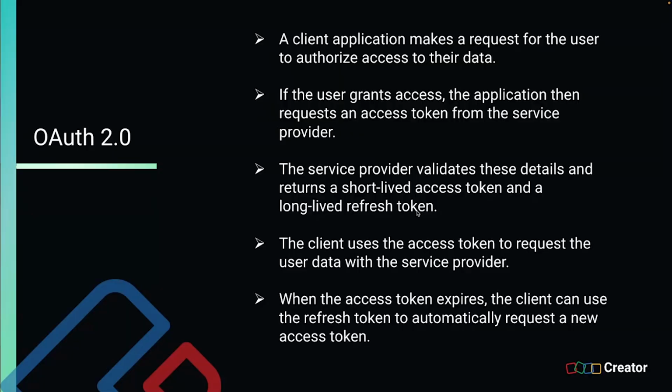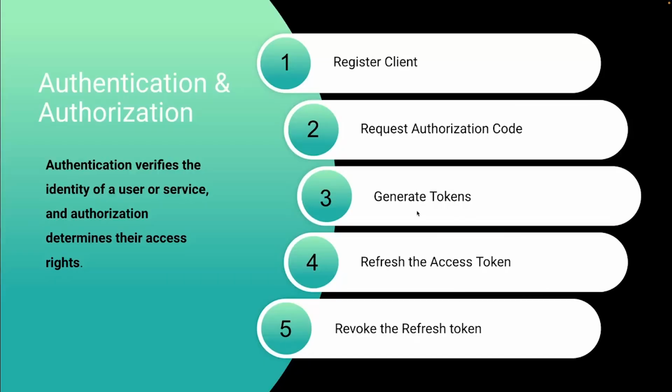In Zoho Creator, there are 5 different steps that you would be required to do in order to generate an access token. First, you register as a client, post which you have to generate the authorization code. Then using that authorization code, you can generate access tokens. These access tokens will be valid for a certain period.